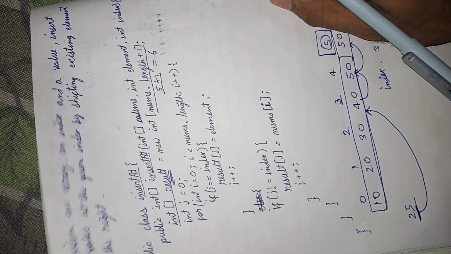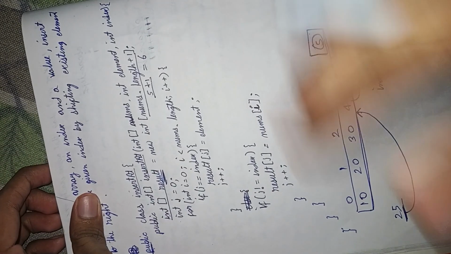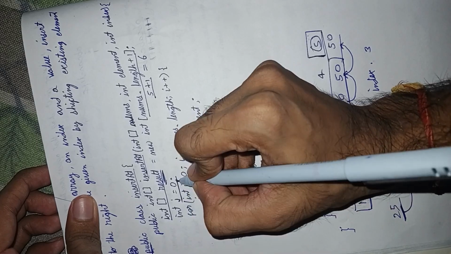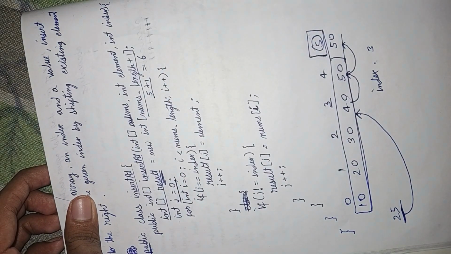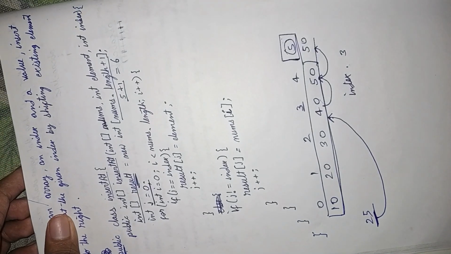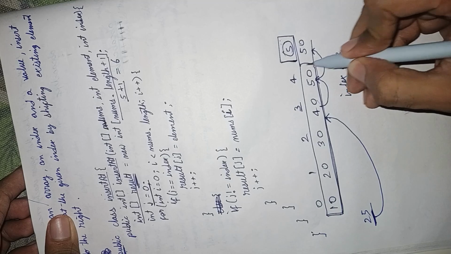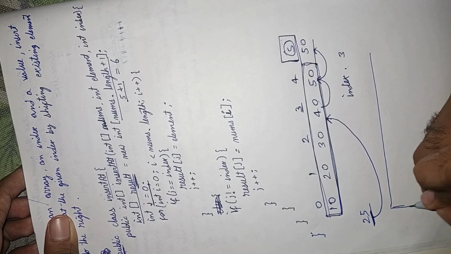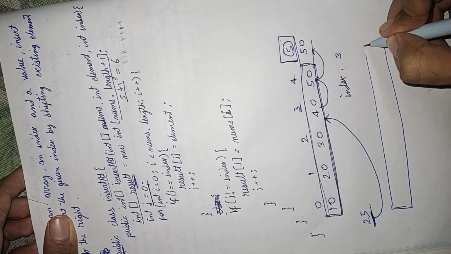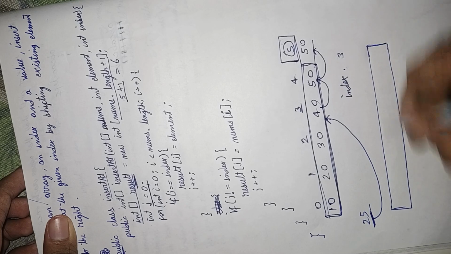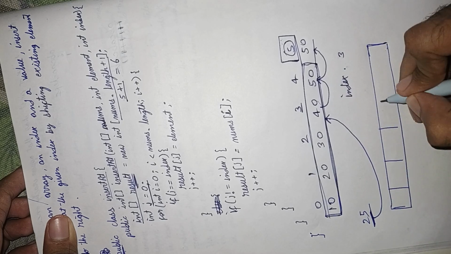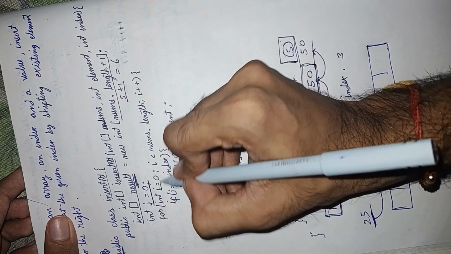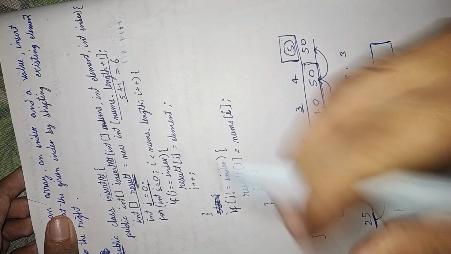Now how will the logic work? We will take an integer value j equal to 0. Now we will take the pre-existing array, create a loop around it, and suppose this is the resulting array having 6 elements.